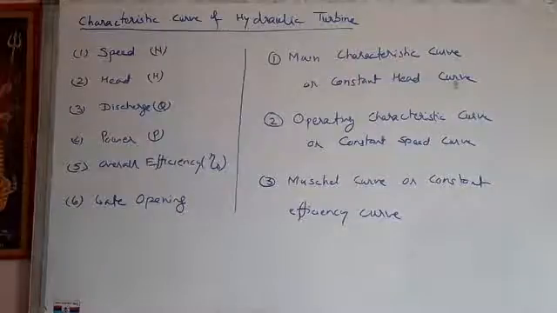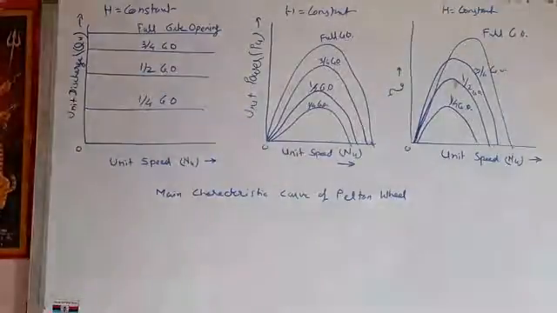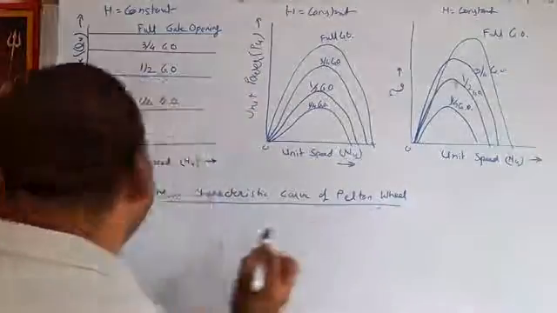Main characteristic curves are constant head curves. These are the main characteristic curves of the Pelton wheel.